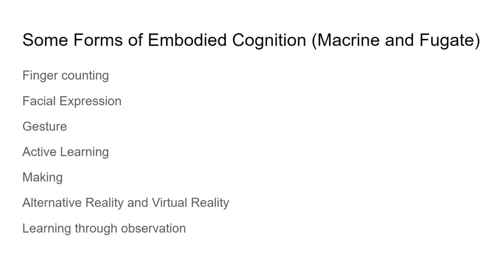Physically making things, alternative reality, virtual reality, and learning through observation are also forms of embodied cognition. Macrean and Fugate go so far as to say that if we are interacting through devices, through our computers, through our cell phones, we are extending our bodies and our embodied cognition into those spaces as well.